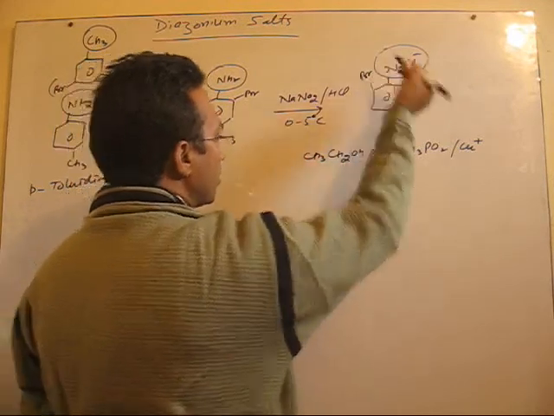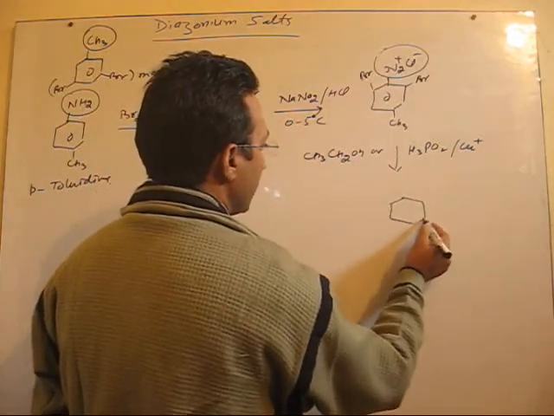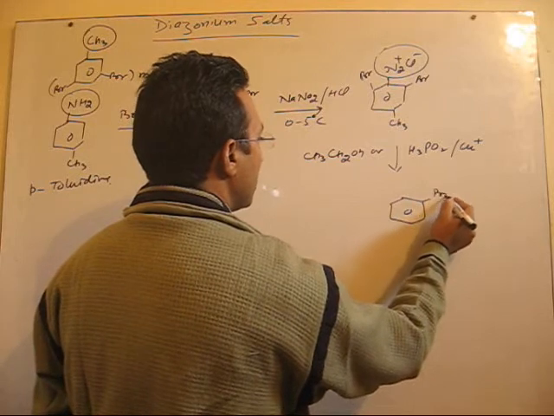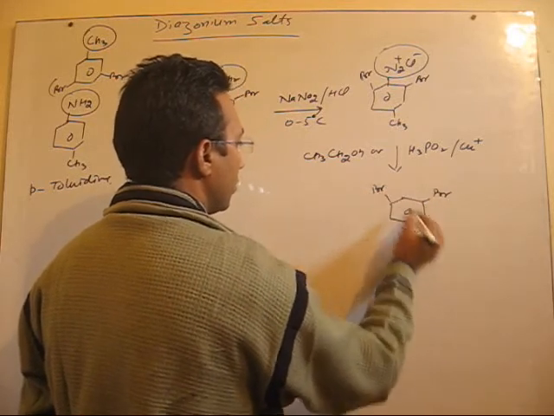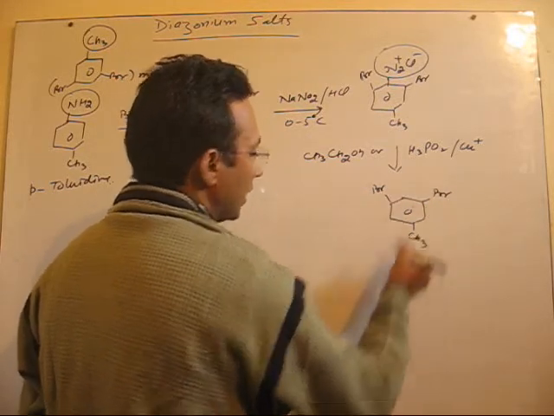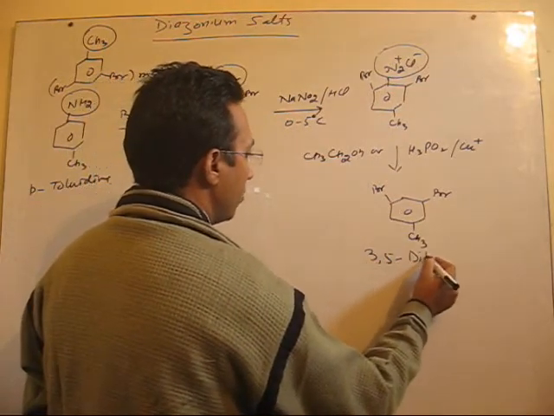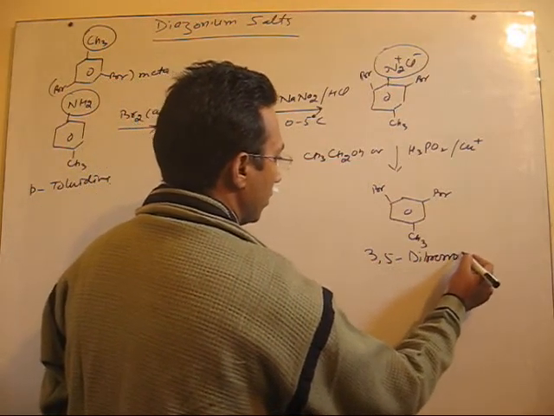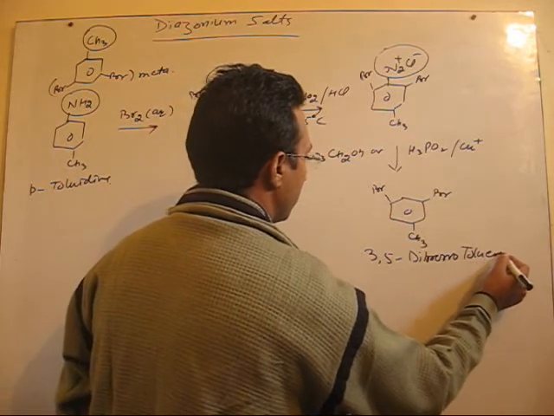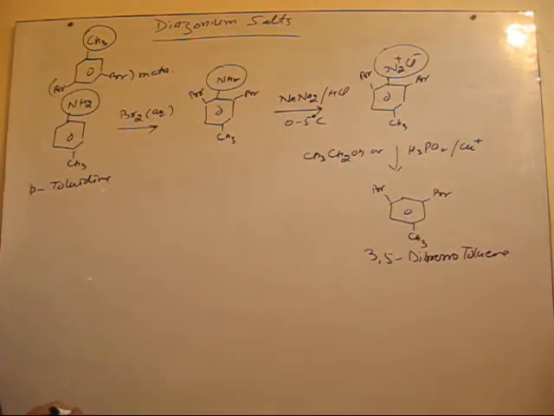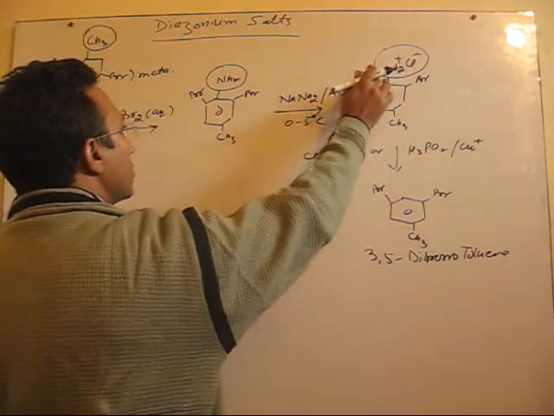So this is substituted by hydrogen. In other words, this group is totally removed. So you get the desired product, 3,5-dibromotoluene. This is an unusual synthesis, but we are able to prepare it through diazonium salts.